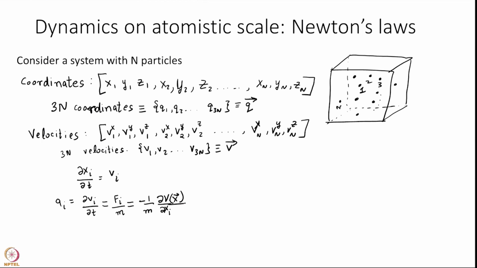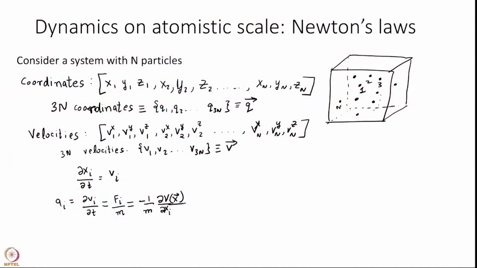Okay. So, we have a set of differential equations: the differential of q is v, and the differential of v is given by some differential of a potential function divided by mass. Here V is the potential, and it is a function of only q, and it might in general depend on all q.